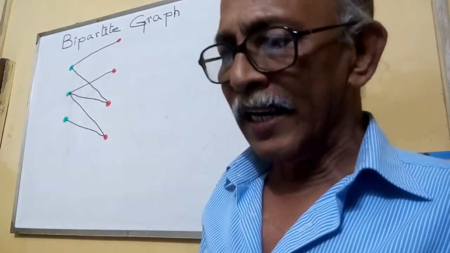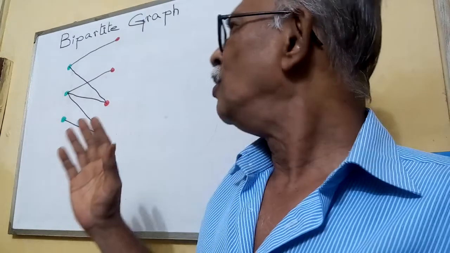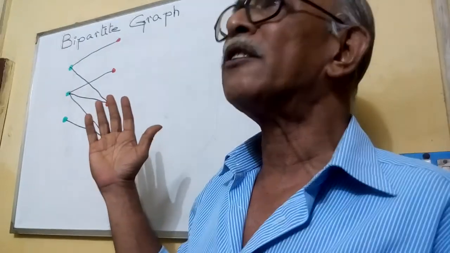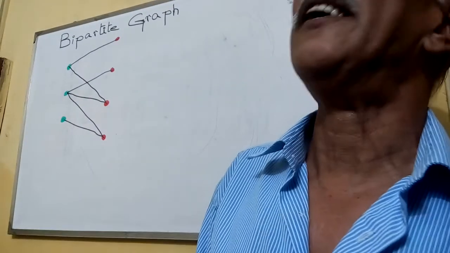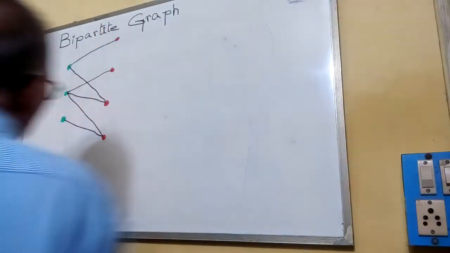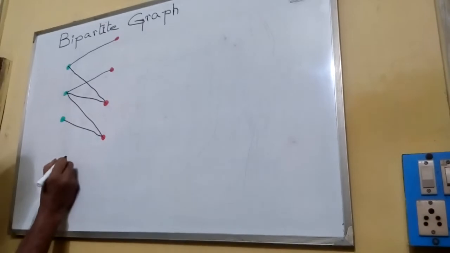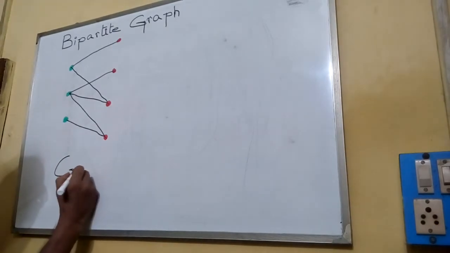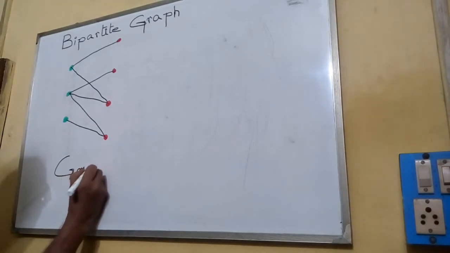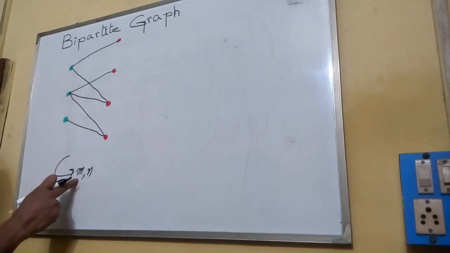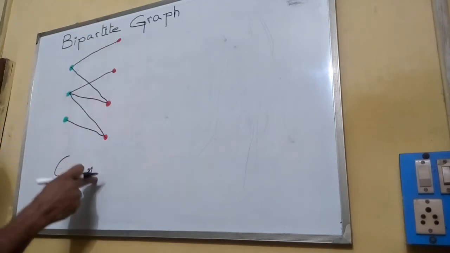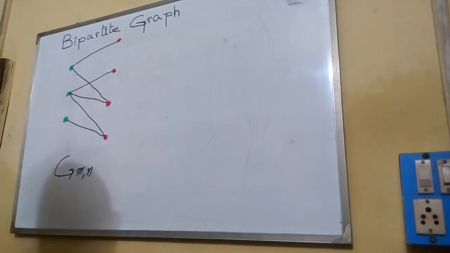In this bipartite graph, now we can try to explain what is a complete bipartite graph. Generally, bipartite graphs are denoted in this way, G_{m,n}. That means in one part there are m vertices, in another part there are n vertices.